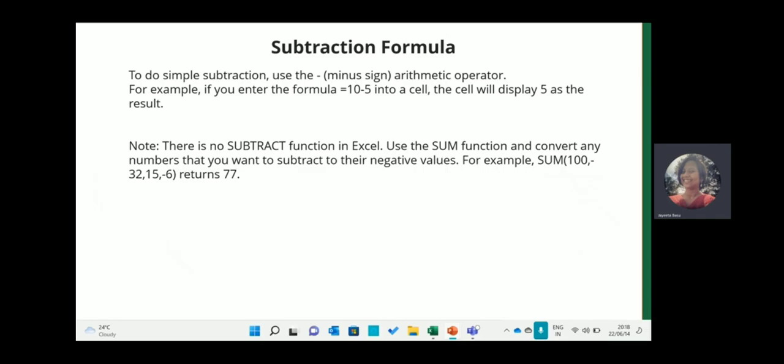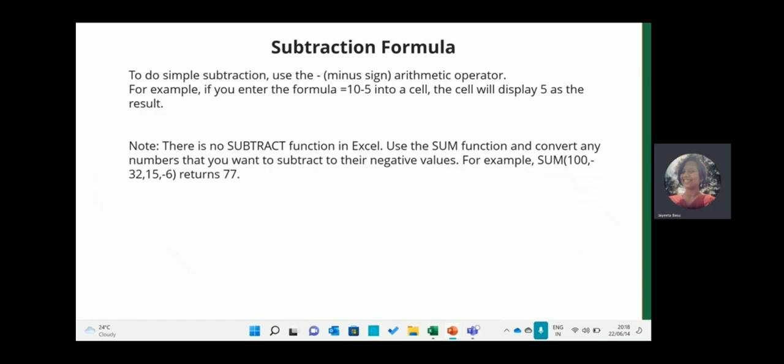Now, when you are doing simple subtraction, you don't have to put in any formula. What you have to do is type equals to, put the number, then a minus, and then put the other number there, and you will get the result. Because there is no subtraction formula, you can convert any number that you want to subtract to its negative value.